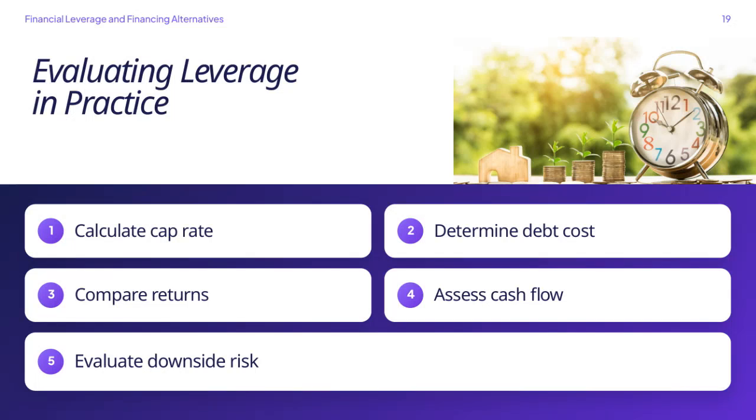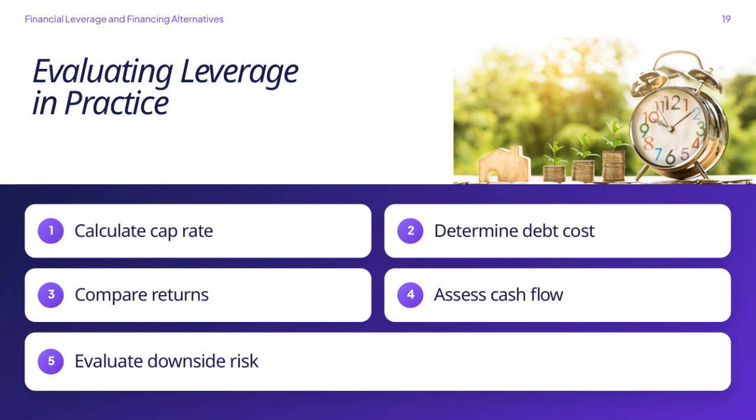Now, let's talk about evaluating leverage in practice. The first step is to calculate the capitalization rate, or cap rate, which helps us understand the property's potential return on investment. Next, we determine the cost of debt, meaning the interest rate and terms associated with any borrowing. After that, we compare the returns, weighing the benefits of using leverage against the cost of debt.